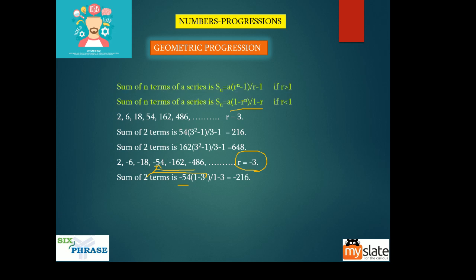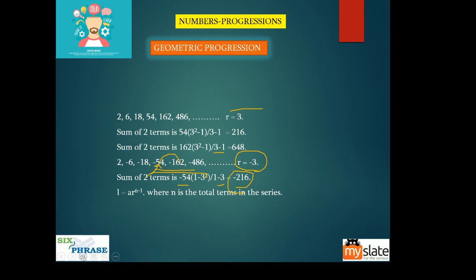So we have to use the second formula, divided by 1 minus 3. Here we did 3 minus 1, here we are doing 1 minus 3 because of the formula. So you get minus 216. Minus 54 plus minus 162, what do you get? Minus 216. If you add minus 54 and minus 162, you will get minus 216.